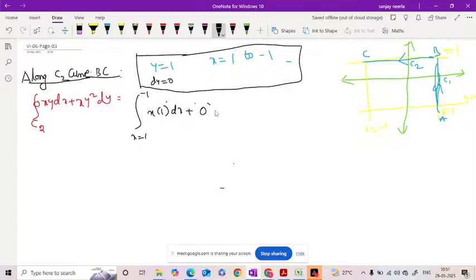So entirely it is 0 for that part. So the integration of this one is the integral with limits from minus 1 to plus 1 of x into dx.